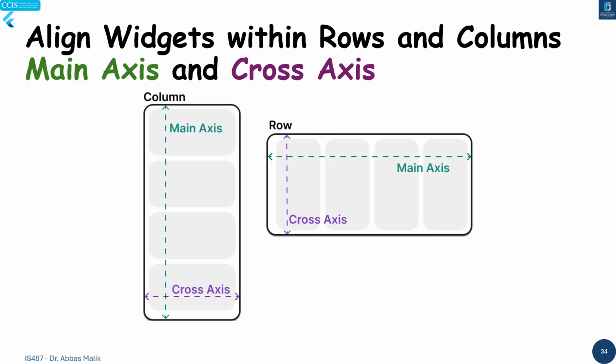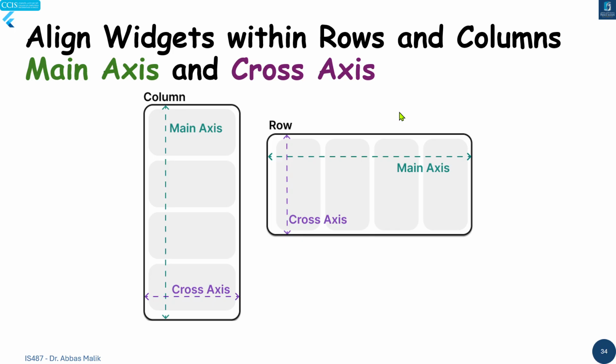If we look at the row and the column, the main axis of the column is the vertical axis, and the cross axis is the horizontal axis. On the other side, the horizontal axis is the main axis of the row, and the vertical axis is the cross axis of the row.